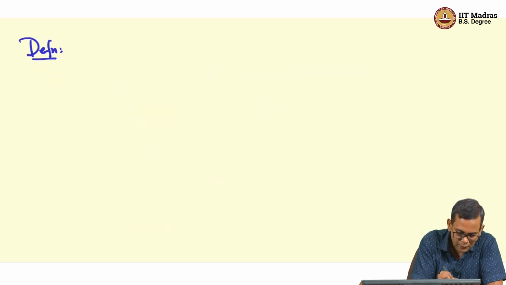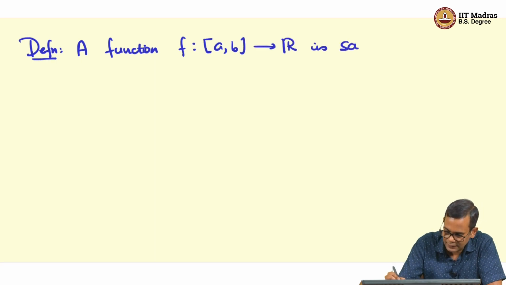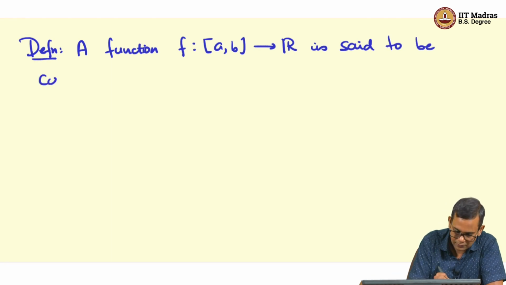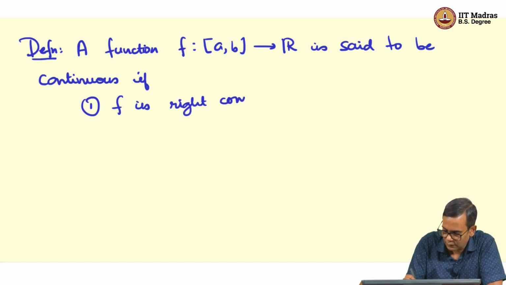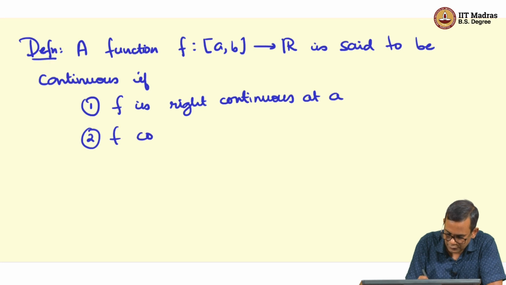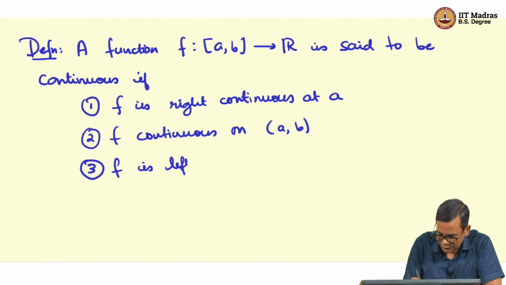Definition: a function f on a closed interval [a, b] is said to be continuous if firstly f is right continuous at a, secondly it is continuous on the open interval (a, b), which means it is continuous at every point x strictly between a and b, and thirdly f is left continuous at b.